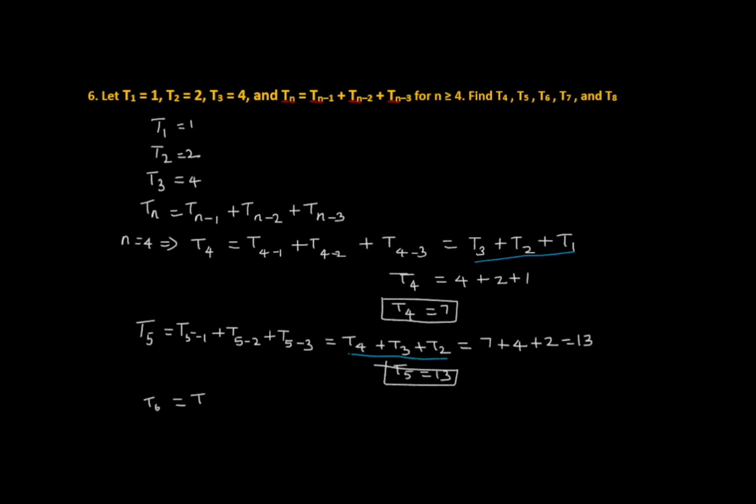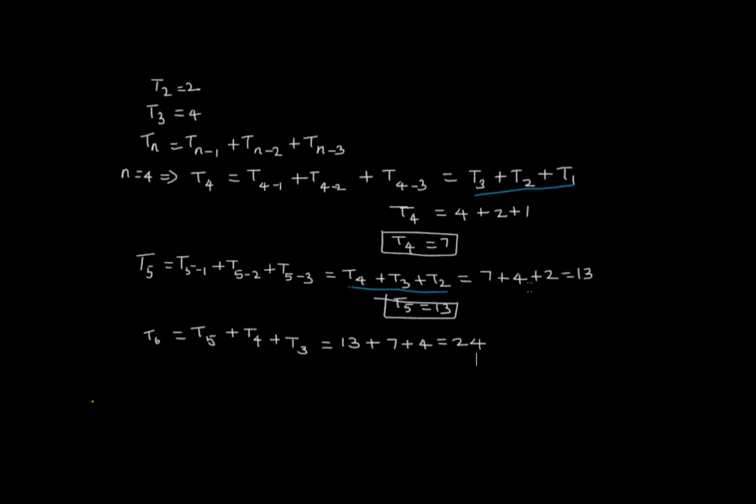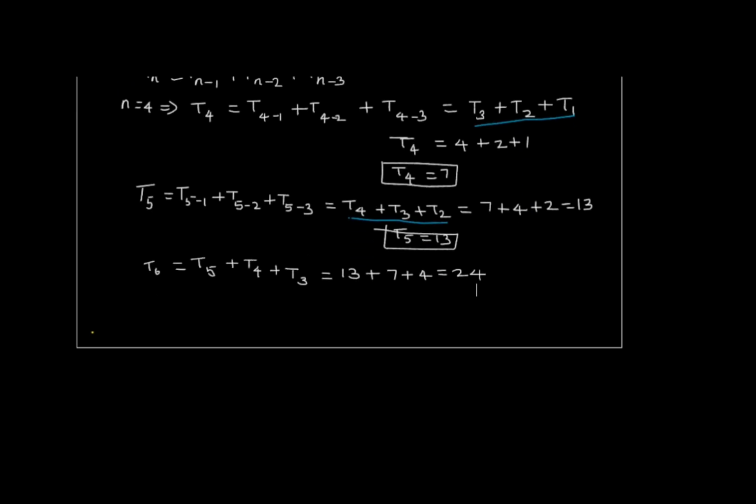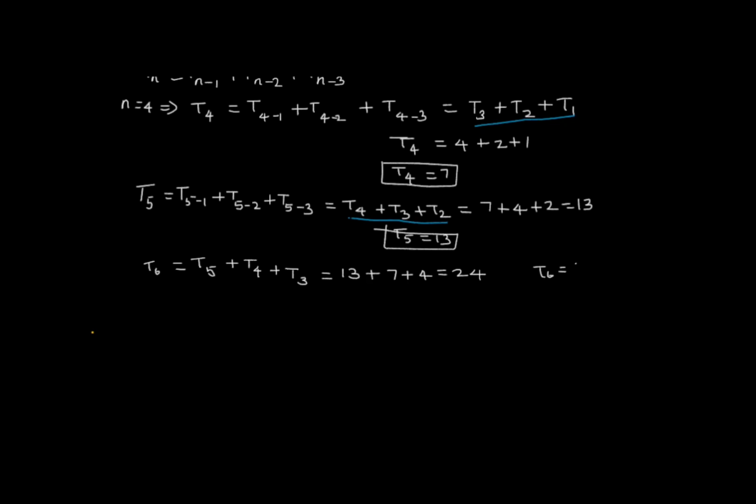So T6 is T5, that is n minus 1, 5, then n minus 2, 4, then n minus 3, 3. So T5 is 13, then T4 is 7, then T3 is 4. So 24. We got T6 is equal to 24.